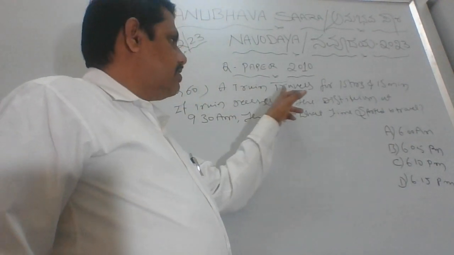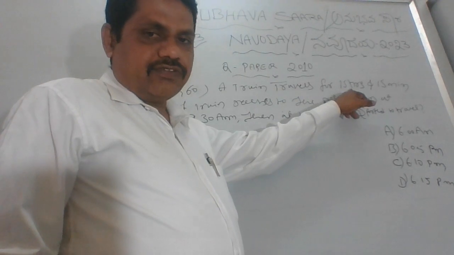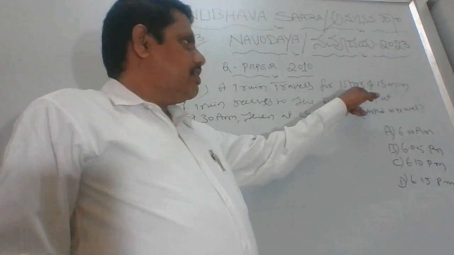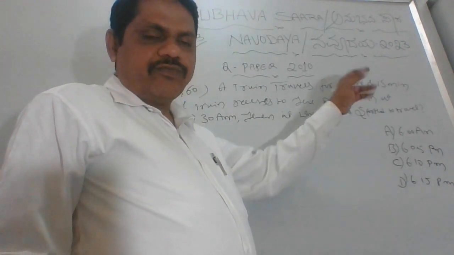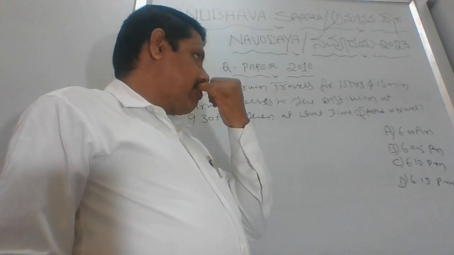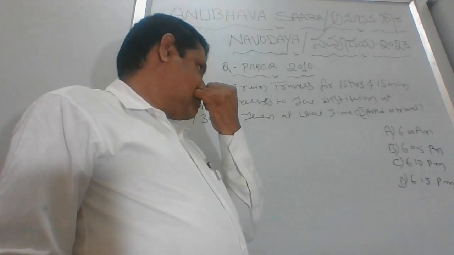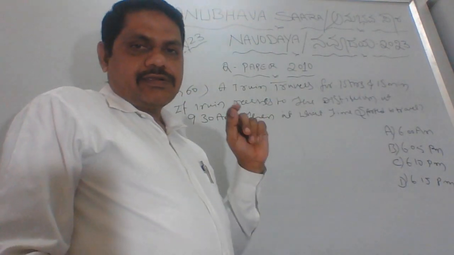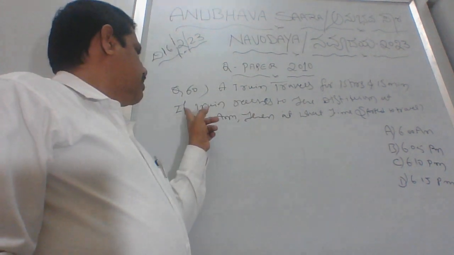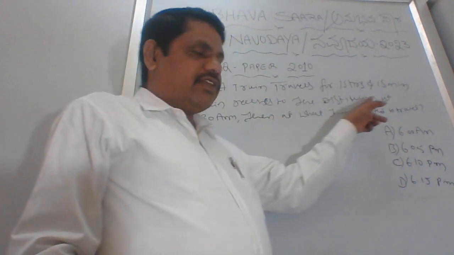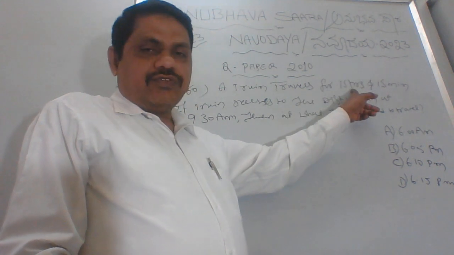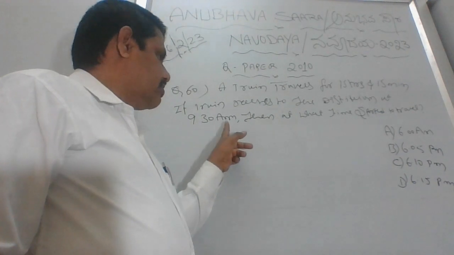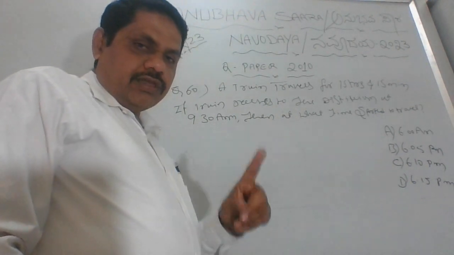A train travels for 15 hours. That means afternoon 3 p.m. Or 15 hours is afternoon 3 p.m. only. 15 hours, 15 minutes it will travel, and the train reaches the destination at, this started at afternoon 3 o'clock 15 minutes, and it is reaching 9 o'clock 30 minutes a.m. in the morning.